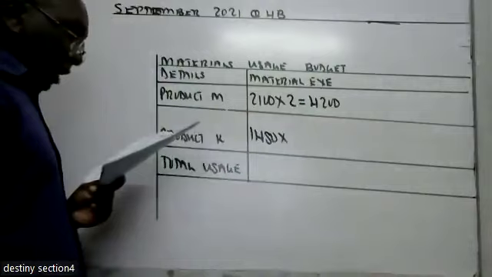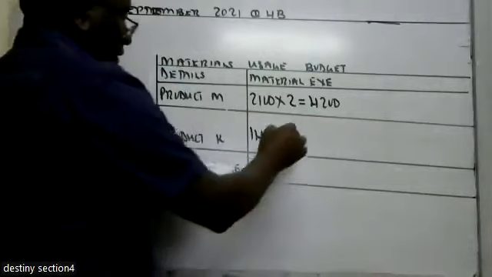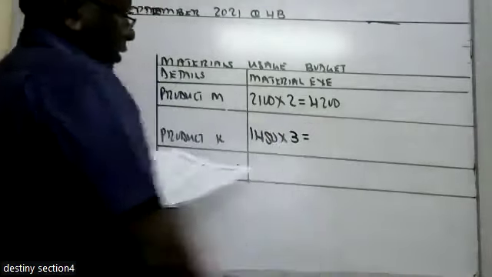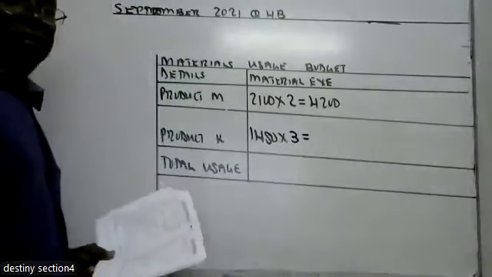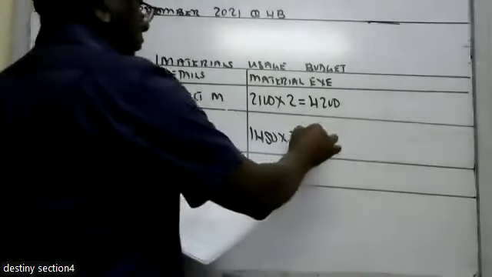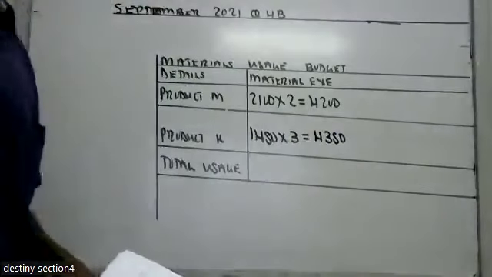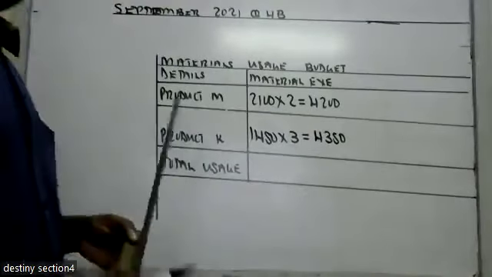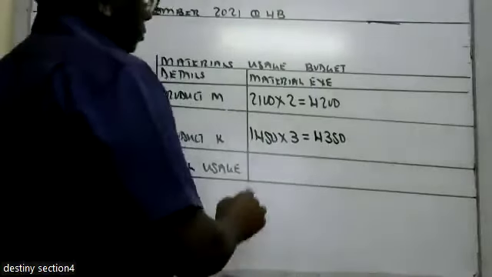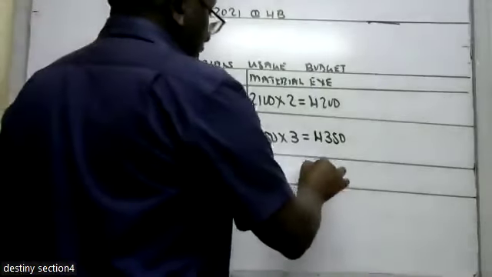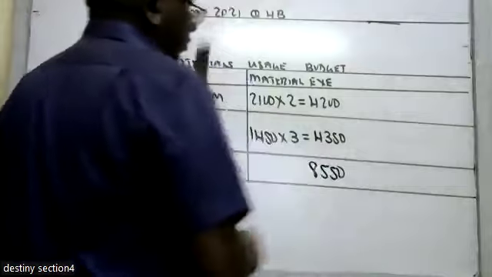And product K for X requires 3. This is 4350. So add the two of them. It's very good. 8550 kilos.